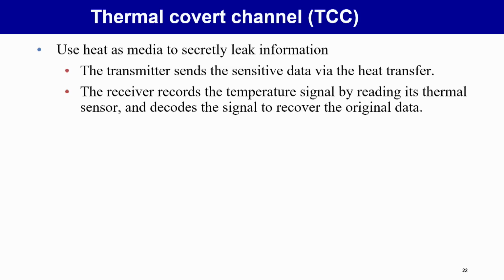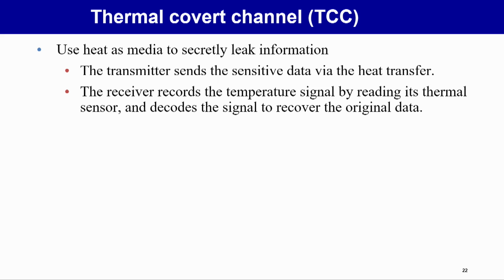As the name says, it is temperature. Temperature or thermal means heat. So this one uses heat as a medium to secretly leak information. How is it done? There is a transmitter that will send the sensitive data via heat. Something could be happening in my laptop, and there could be a receiver here that has a temperature sensor.